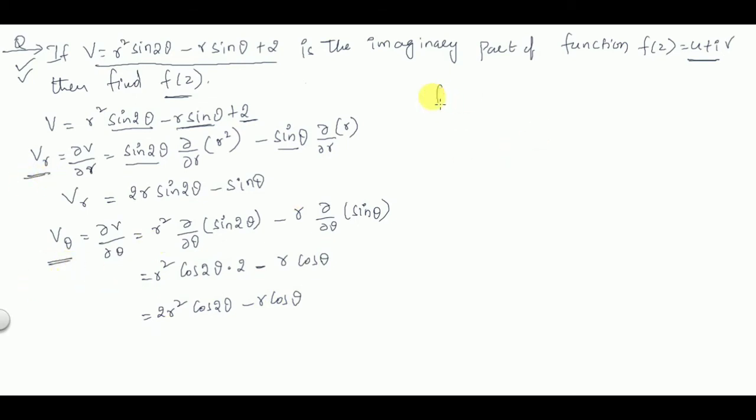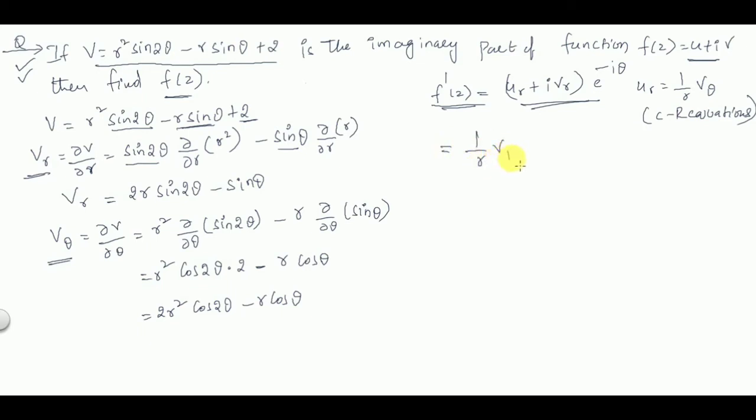We know that the derivative function is f dash of z equal to ur plus i into Vr, into e power minus i theta. You have to remember this formula. What is ur? From the Cauchy-Riemann equations, ur is equal to 1 by r into V theta. So I substitute that: 1 by r into V theta plus i into Vr, into e power minus i theta. This is f dash of z.